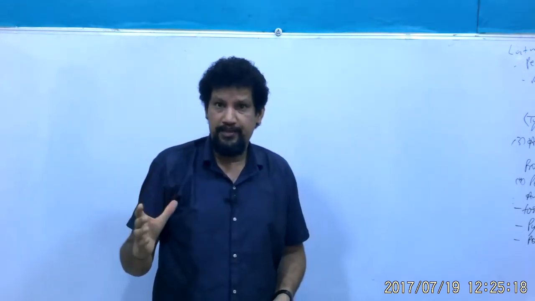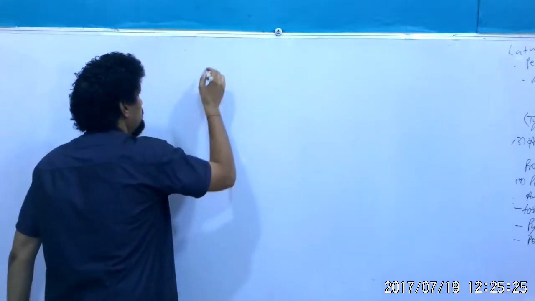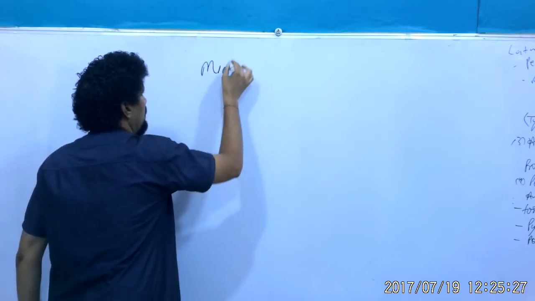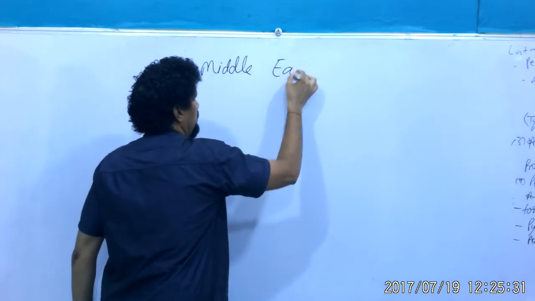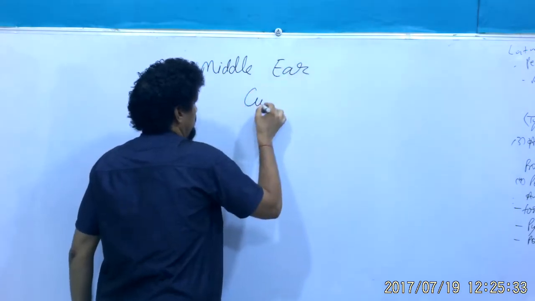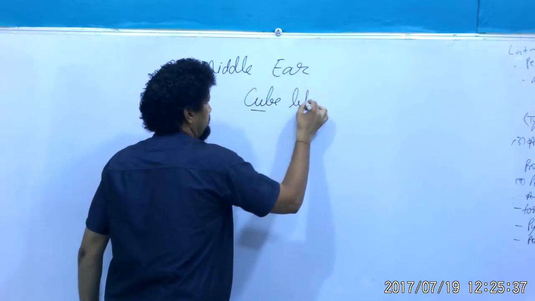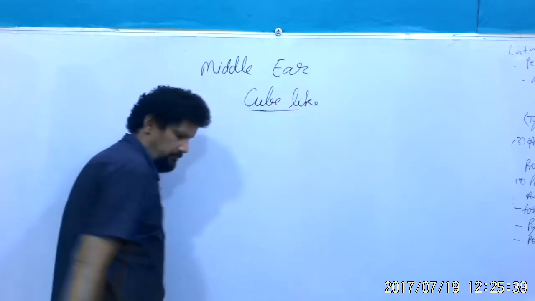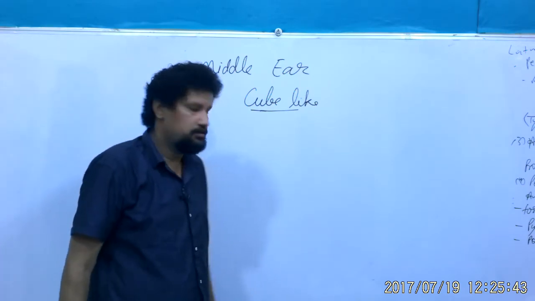The middle ear is cubical, it is cube-like structure. It is having 6 walls.